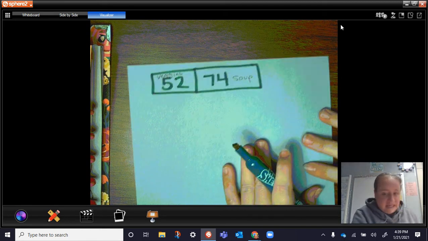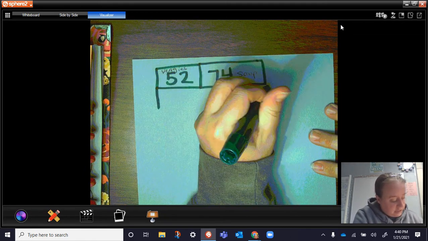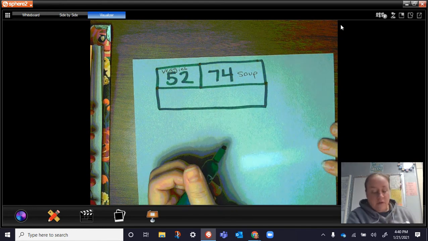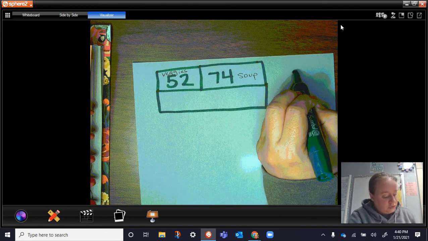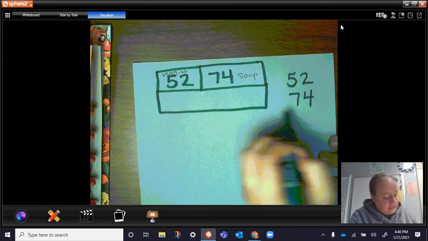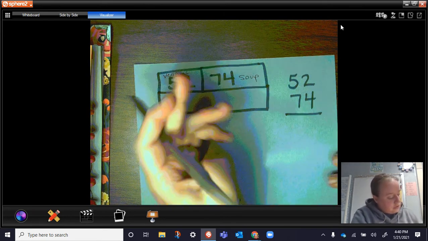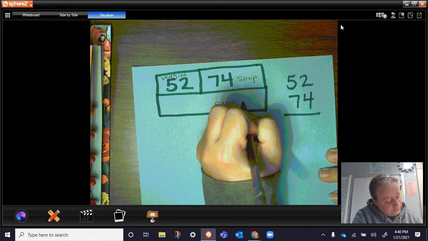So there's a hidden question where we have to find how many total cans we have. When we combine 52 and 74, that gives us the cans in all.